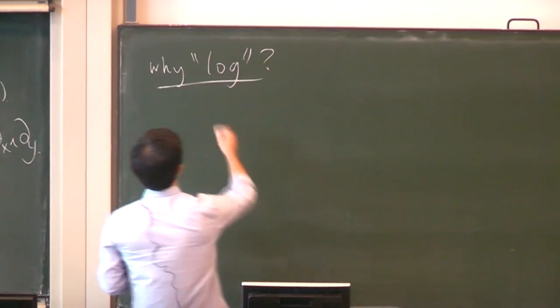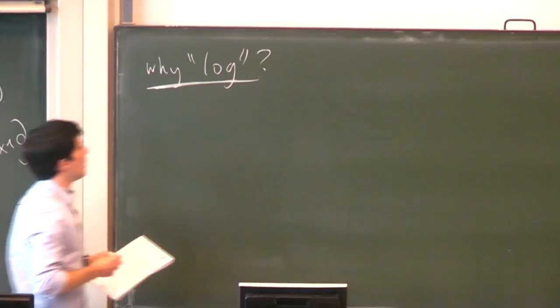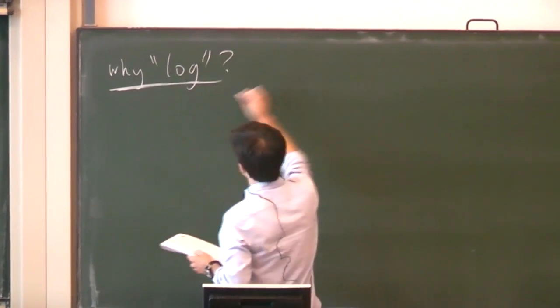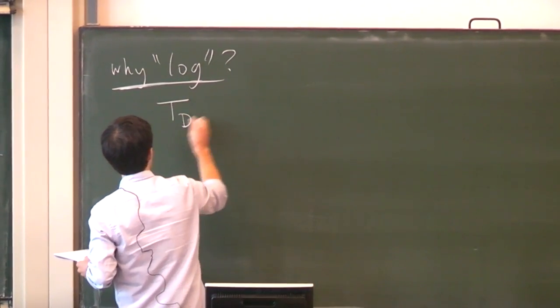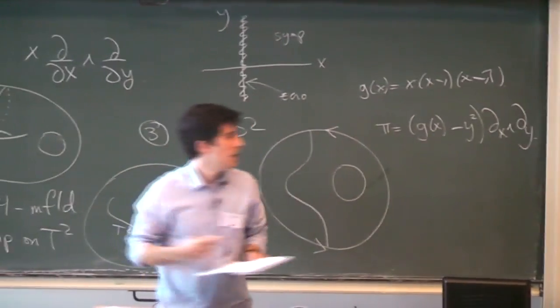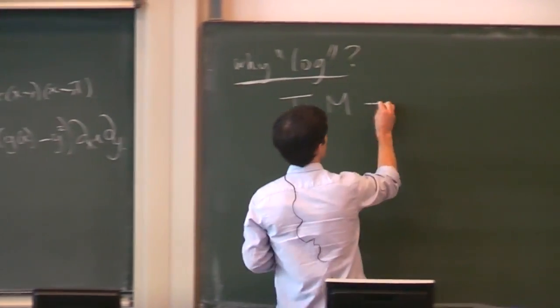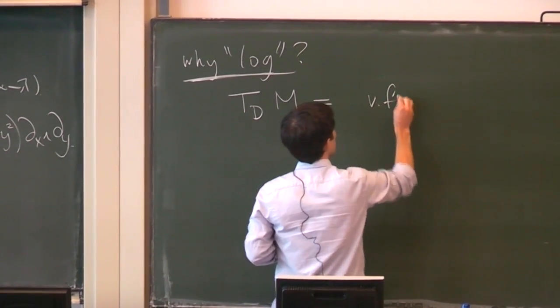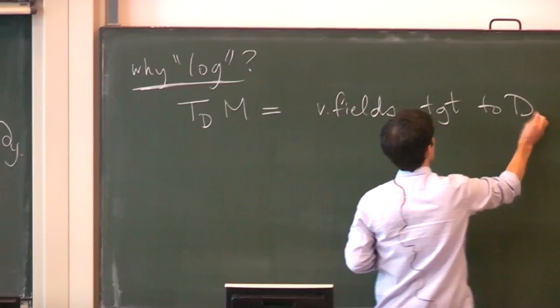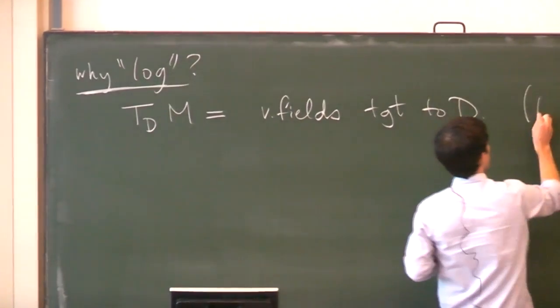Okay, but let me just explain why it's good to call them log. So consider this. Let's look at this hypersurface D, and then I'm going to define a Lie algebroid. These are the vector fields which are tangent to D. Okay, so this is a Lie algebroid.